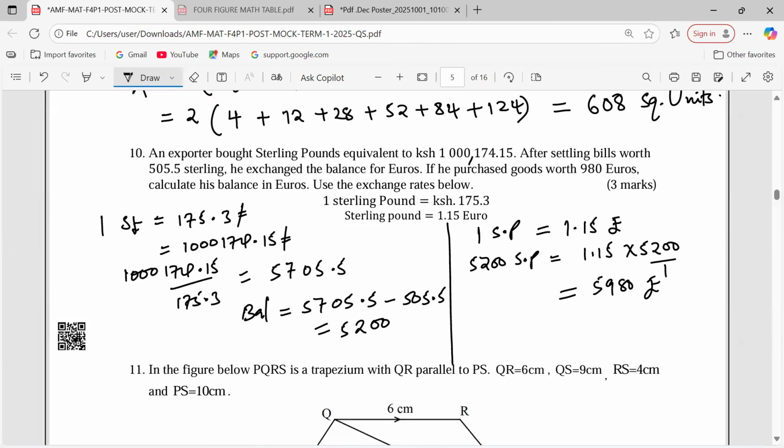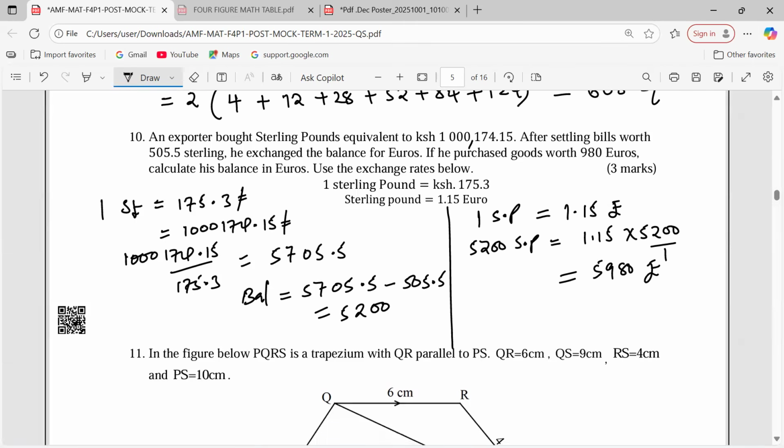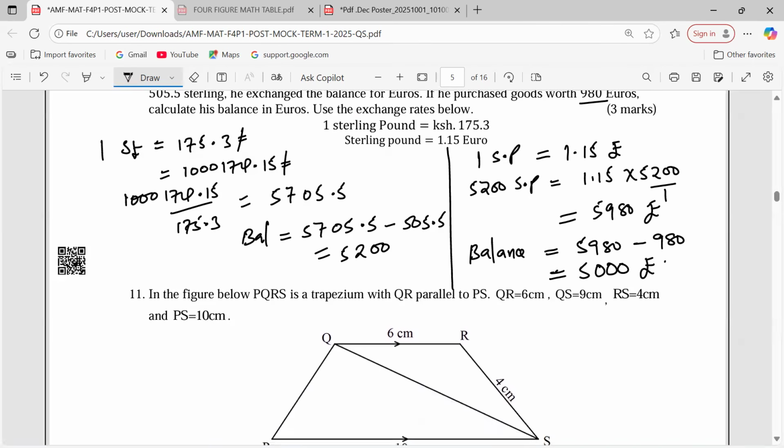So after getting these euros, she's again going to purchase goods worth 980. So what is the final balance now? 5980 minus 980, giving us exactly 5,000 euros. Yeah, so the final answer in euros should be 5,000.